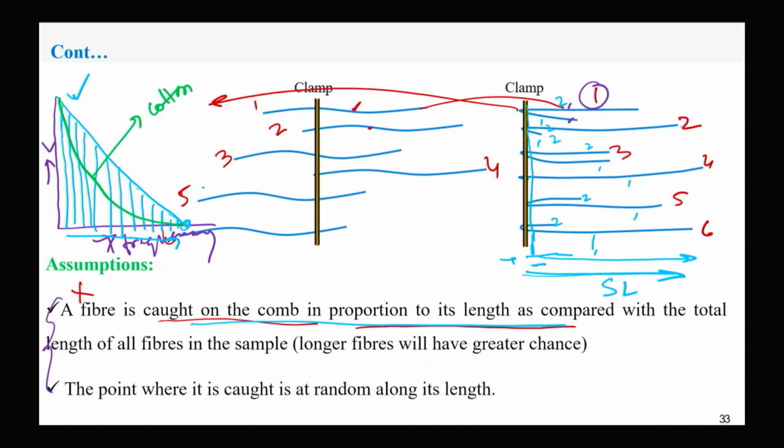Another thing in cotton is that all the folding is taking place, and at the same time we are taking the longer fibers. Longer fibers are preferentially taken, and also the folding is taking place. So these two get superimposed, and finally we get this type of shape.